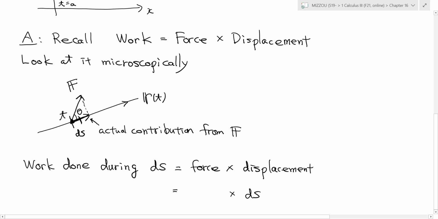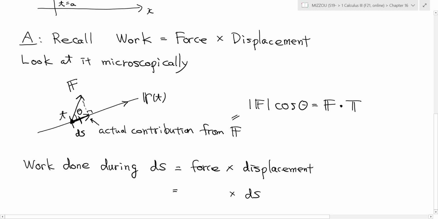Then, by looking at this right triangle, you will see that the actual contribution from F is the magnitude of F times cosine theta. That's the actual contribution. But what is this? This one is actually F dot product T.